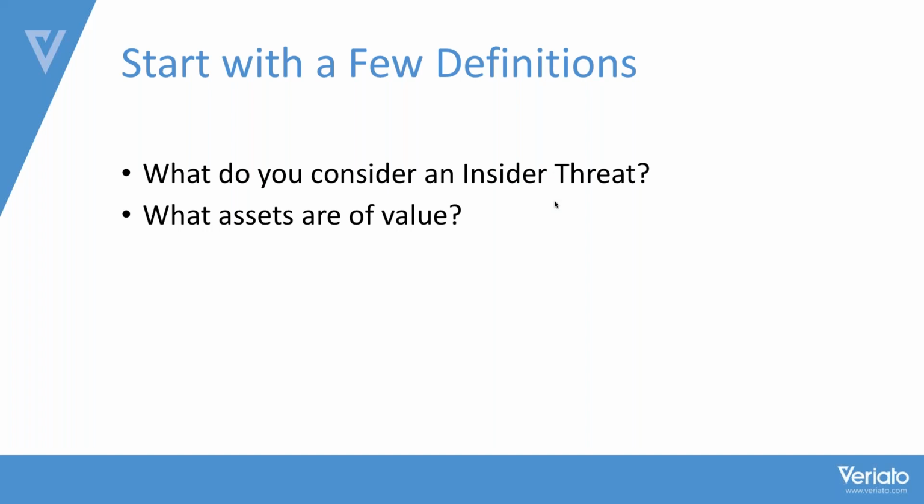In many cases organizations will do a data inventory, which is a tough one, and say, okay, these are my most critical assets. Well, possibly those assets are being protected very well. So what's an insider going to do if he wants some asset of value, whether it's computer hardware or a pricing list?